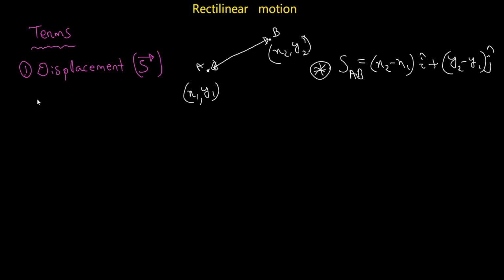This displacement has a unit of meter. Whenever I'm writing any vector, vector means you have to look at the direction. If you miss the direction, then the answer will come out wrong.